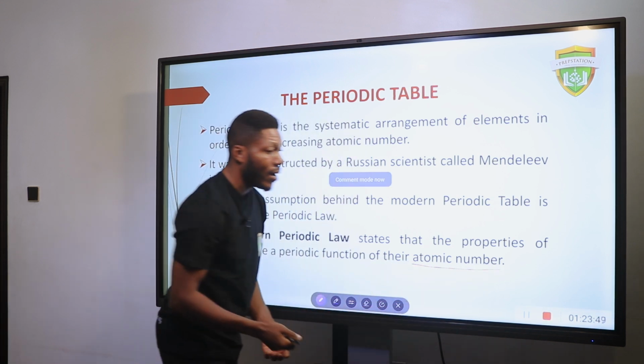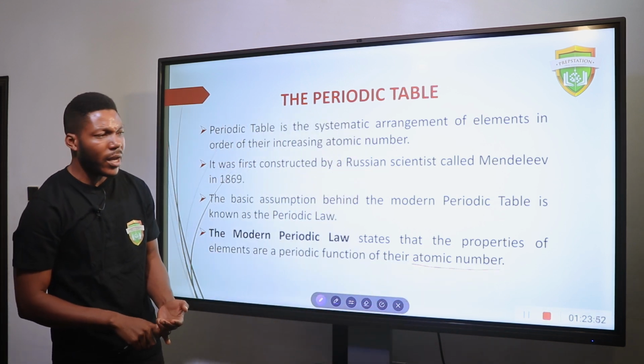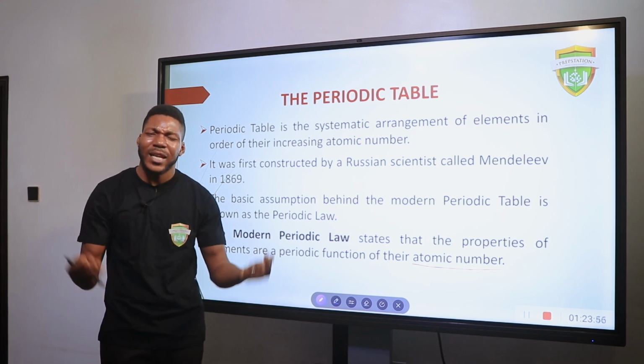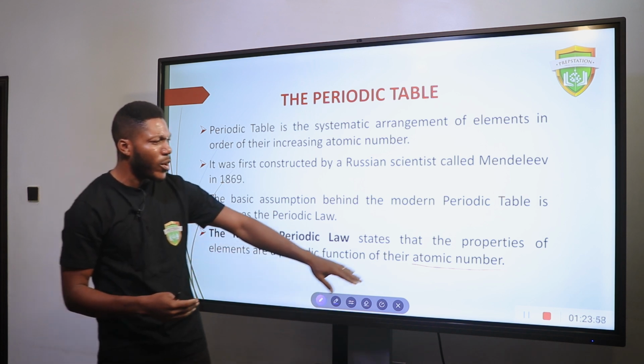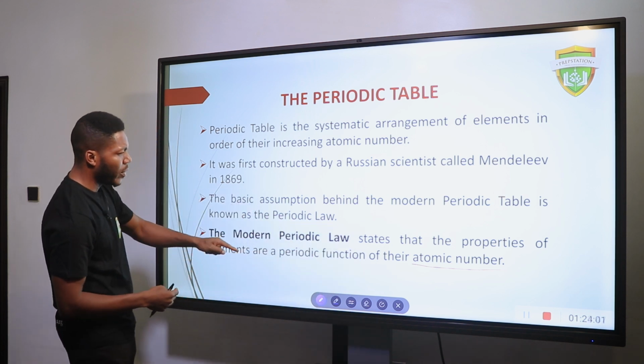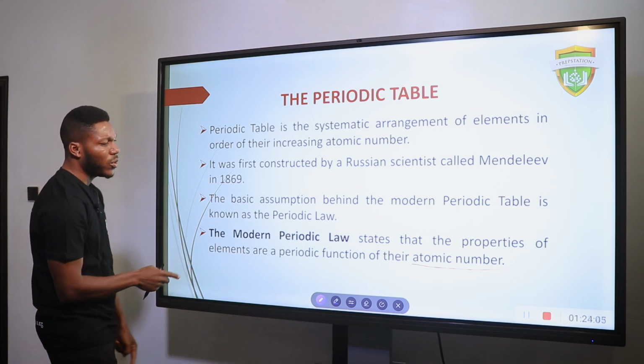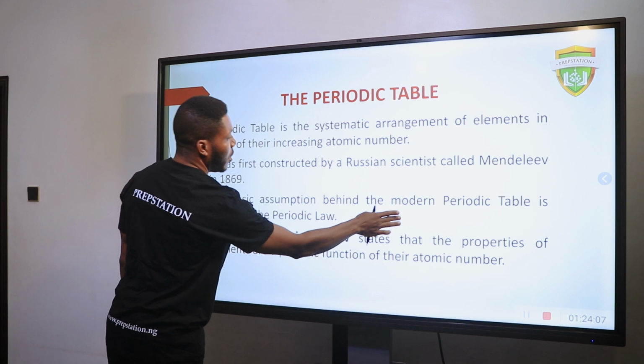Whether they are non-metals, gases, or metals, it is because of the number of protons and electrons present in that atom. That is what gives them their properties. So that's what they call the periodic law. We state that the properties of elements are a periodic function of their atomic numbers.